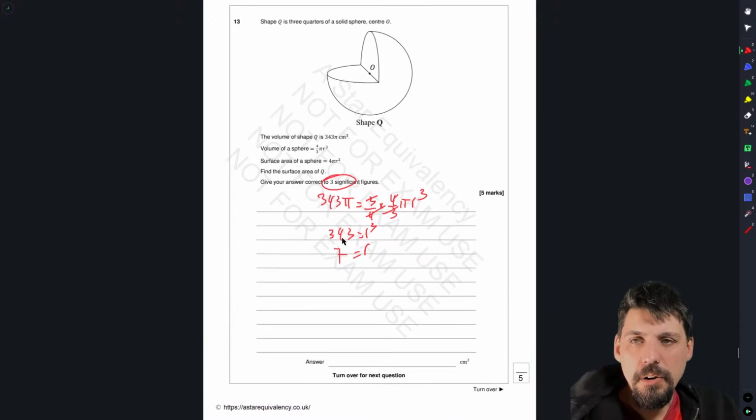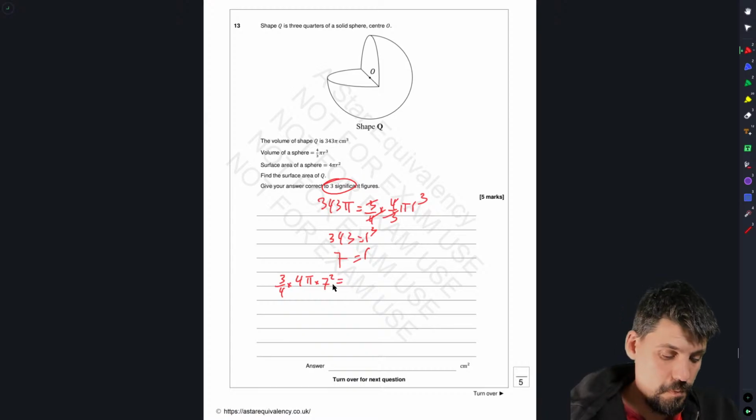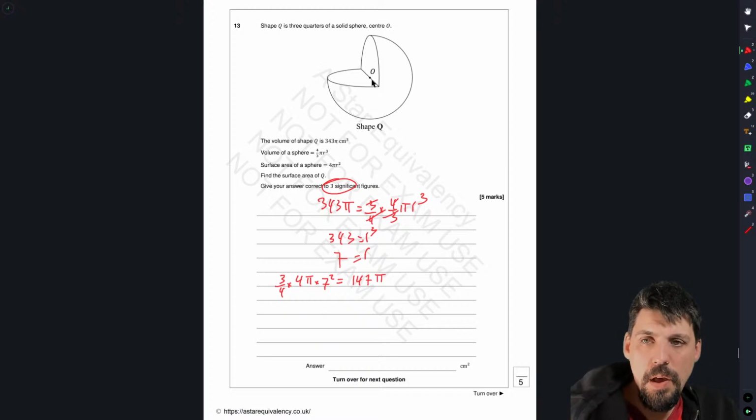Find the surface area of Q. Well, we're going to get 3/4 of the surface area of the whole thing, which is 4 pi r squared, which is 147 pi. But we also need to add in these two semicircles.